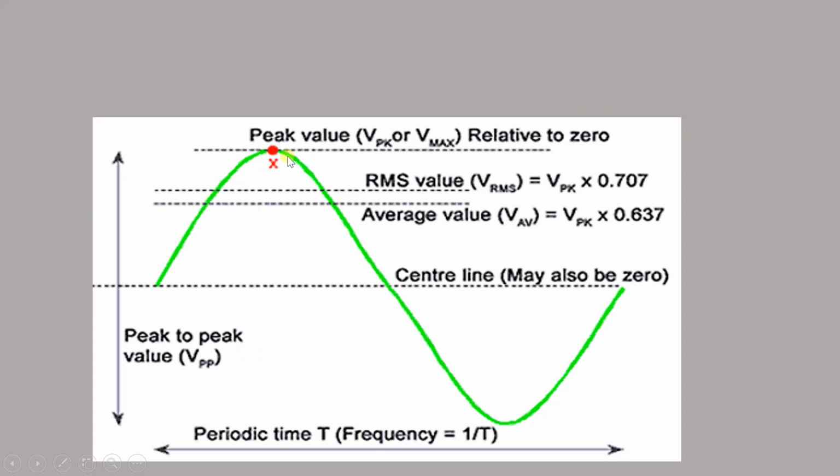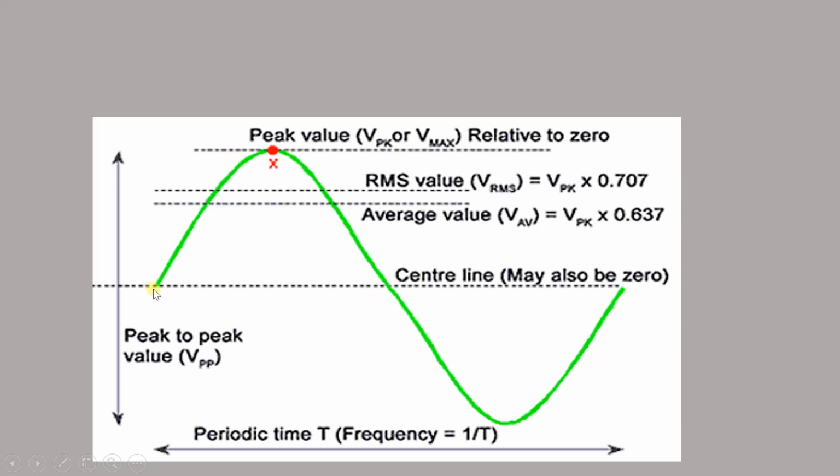Now this diagram shows all the terms. First of all, on the x-axis we can take the values time, omega, or the angle, or the temperature, and on the y-axis we have variables like voltage or current. This green complete waveform shows one complete cycle.